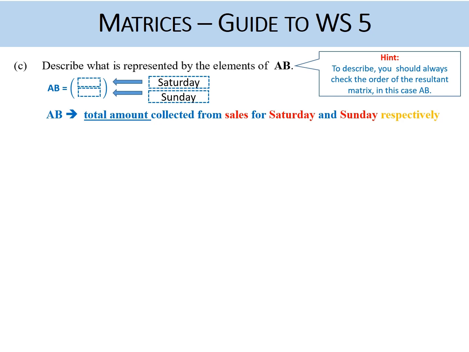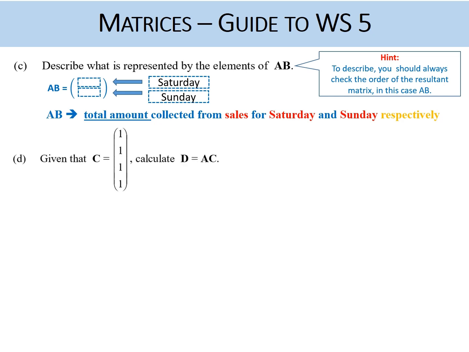When you put all this together, the number of tickets plus the price, you should be able to derive the total amount collected from sales for Saturday and Sunday respectively. So again, take note of the words that are highlighted. These are the keywords that you need to mention in your statement.